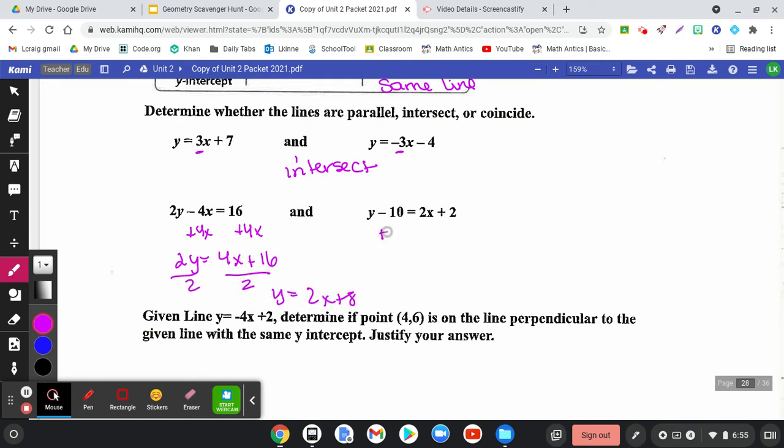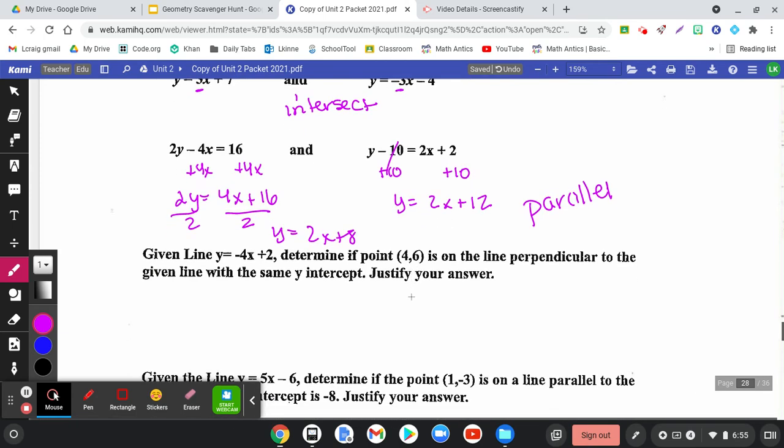Over here, I've got to add 10 to both sides. Y equals 2x plus 12. If those were the same, then those would be coinciding. They have the same slope, different y-intercept, so those are parallel. And if you ever wanted to check, you could just type them into y equals in your calculator together, and you would see that they don't intersect.